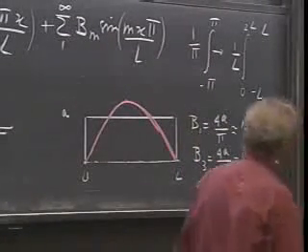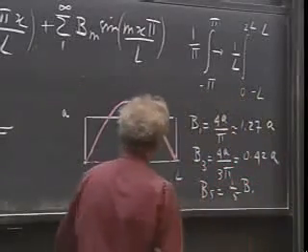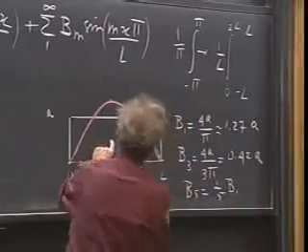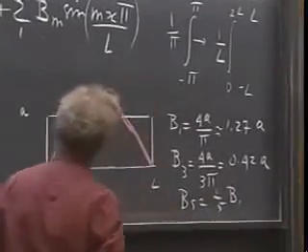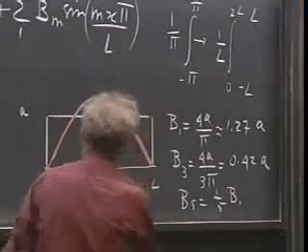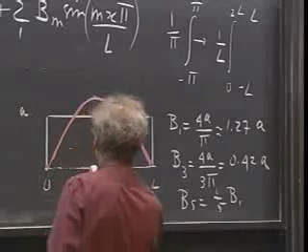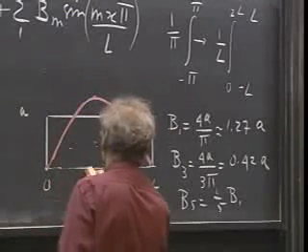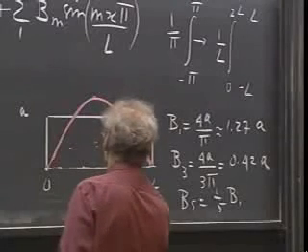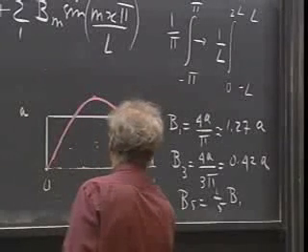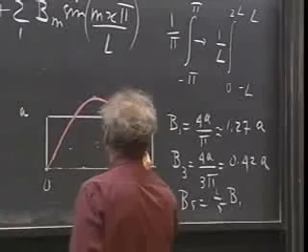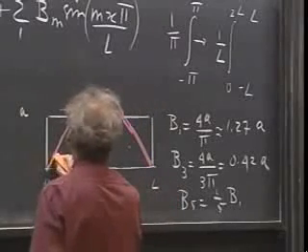So B3 has an amplitude which is about 0.4, which is about this much. That's about the height, 0.4, a little lower. And so here we have the maximum, and then we have a 0 here, we have a 0 here. And then we go through this point. So the curve is something like this.